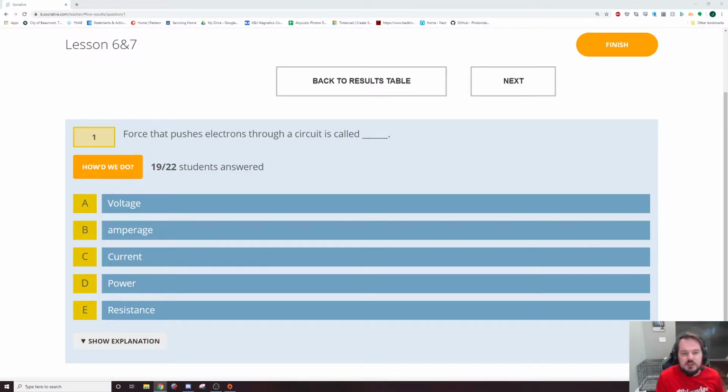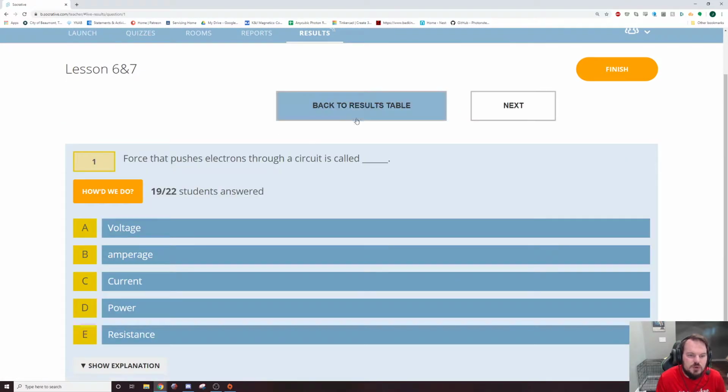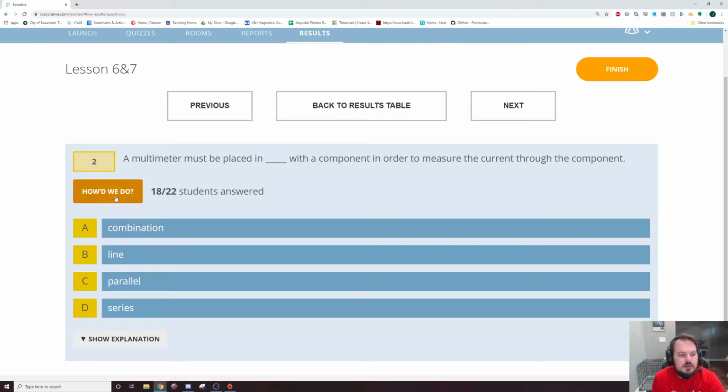The force that pushes electrons through a circuit is called voltage. Let's see, did everybody finish? Yeah, everybody's finished. Cool. I'm going to take this down as soon as we finish and put up the overall quiz.